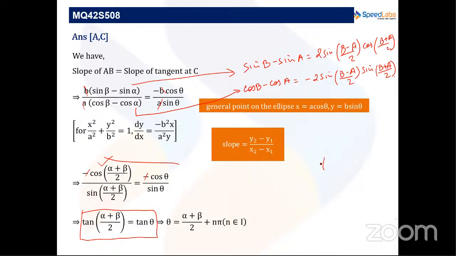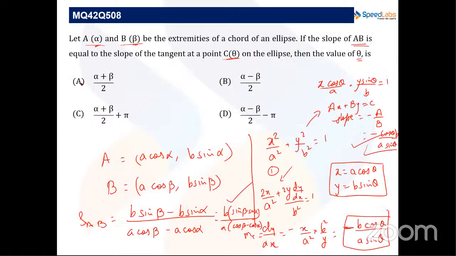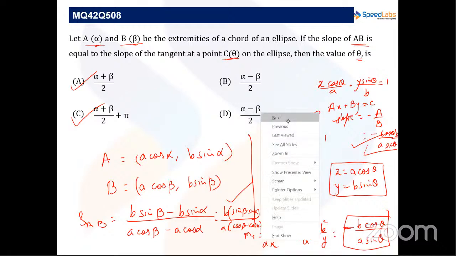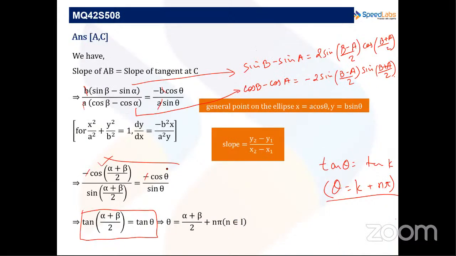And we know that if tan theta equals tan k, then the general solution is theta equals k plus n pi. So theta can be this, or theta can be equal to this. So our options are A and C.